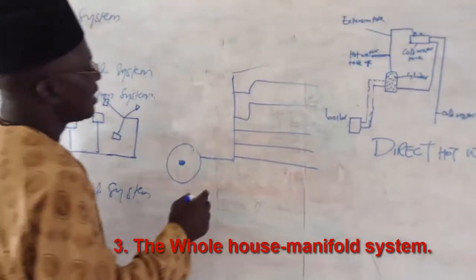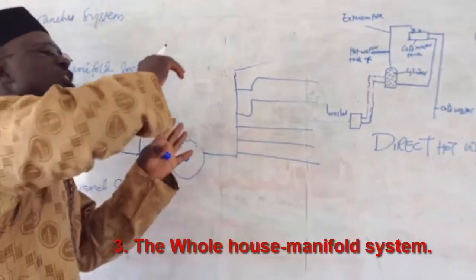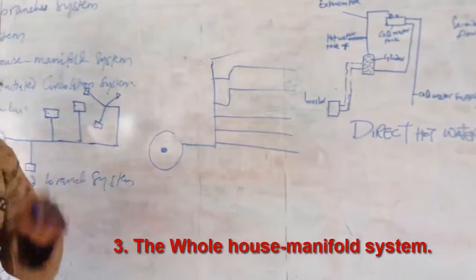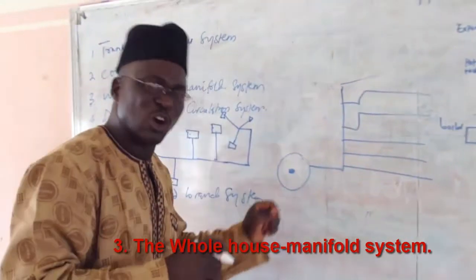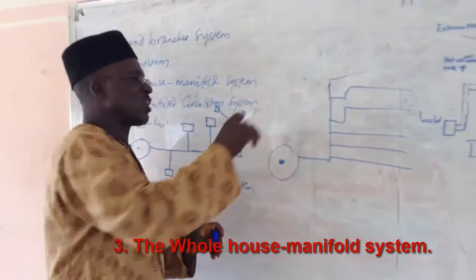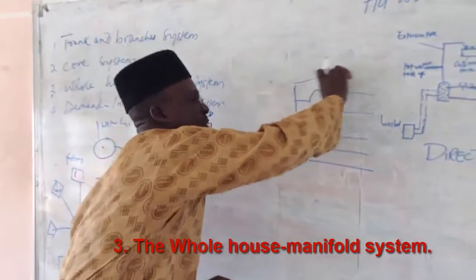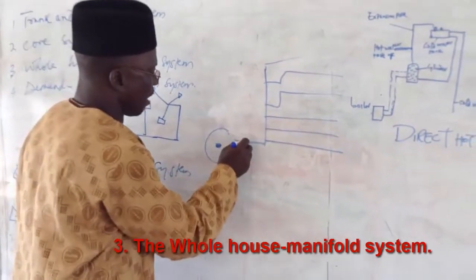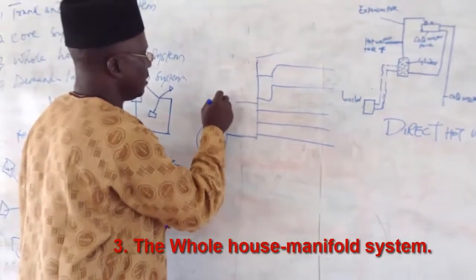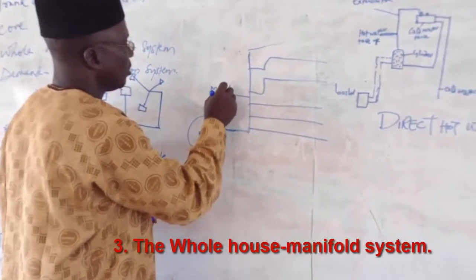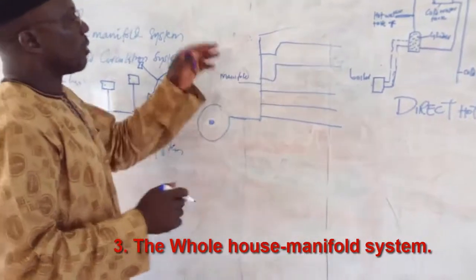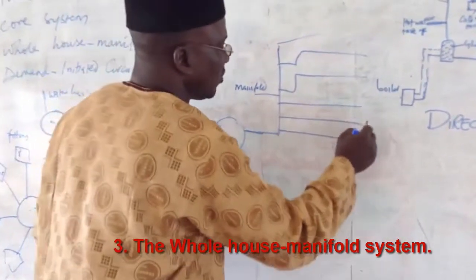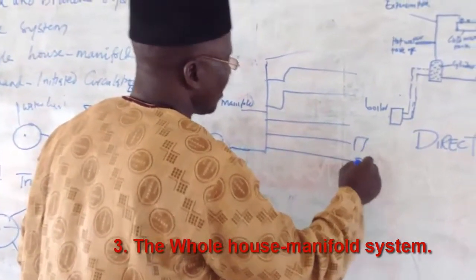You will make sure that in the design of your plan, in the location of this water heater, you'll be able to distribute the pipes connecting directly to it. This one also takes a manifold here. This is called the manifold pipe. It distributes water to these fittings in a parallel form.